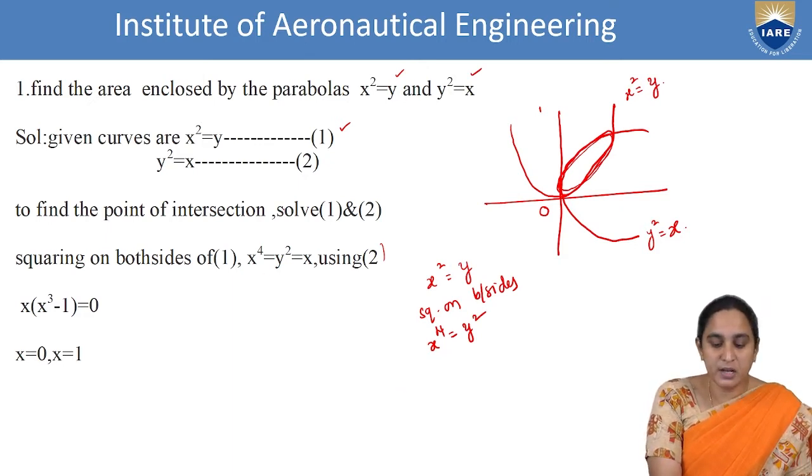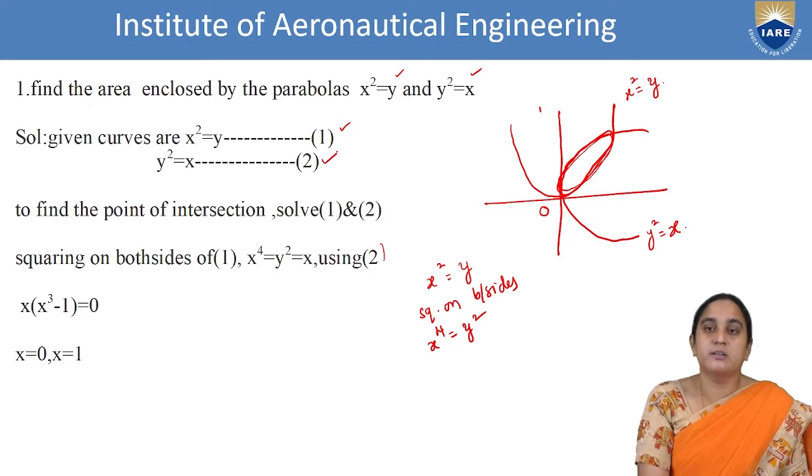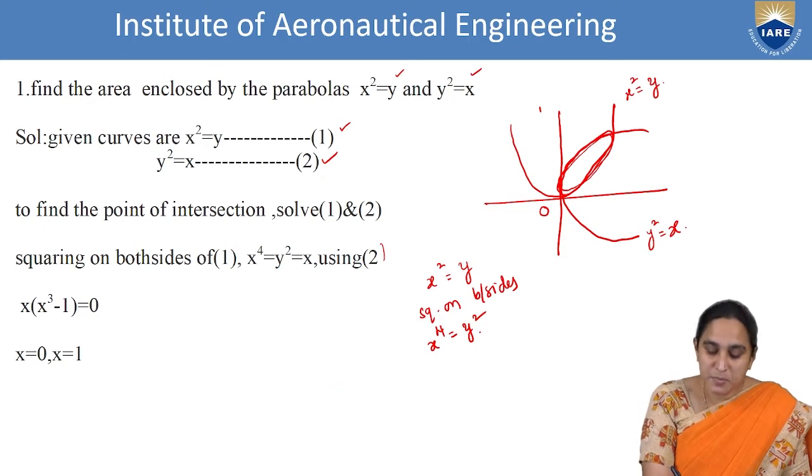From the second equation, y square is equal to x, so in place of y square I substitute x. That is x power 4 is equal to x.